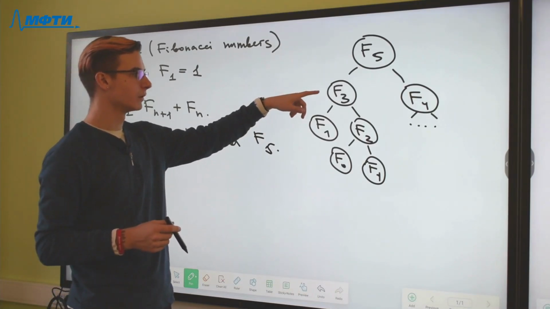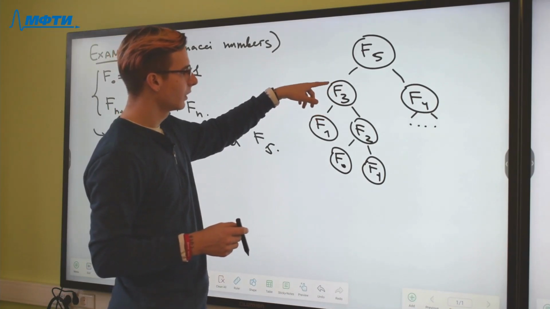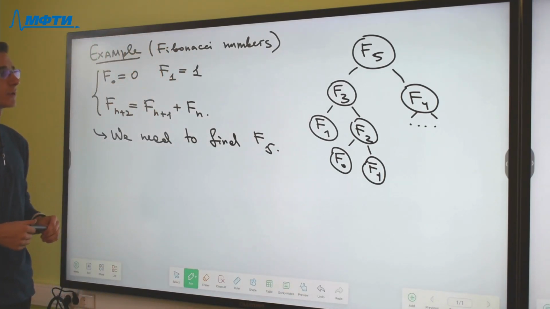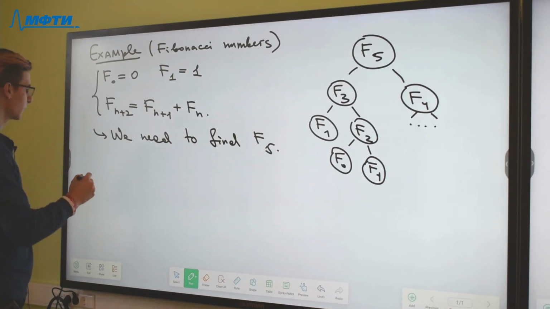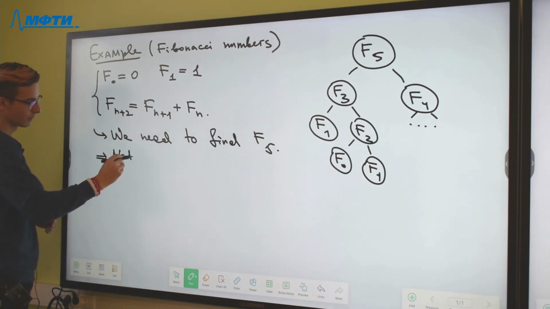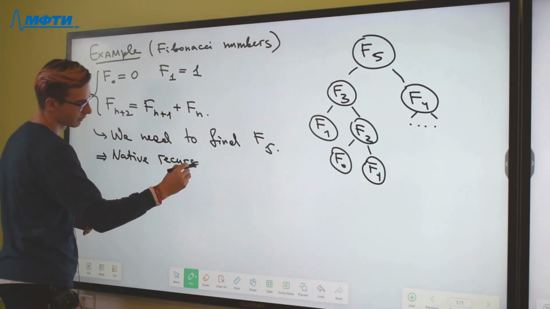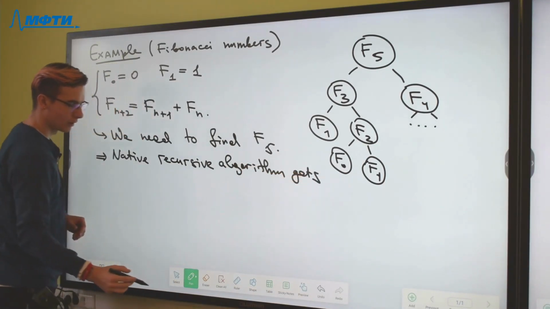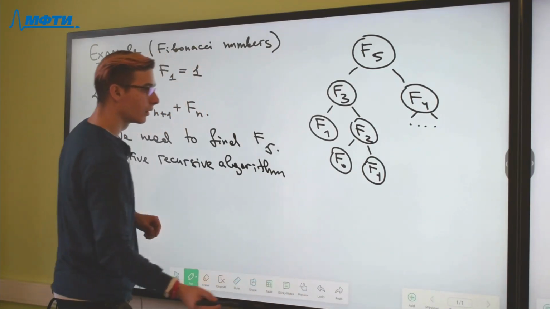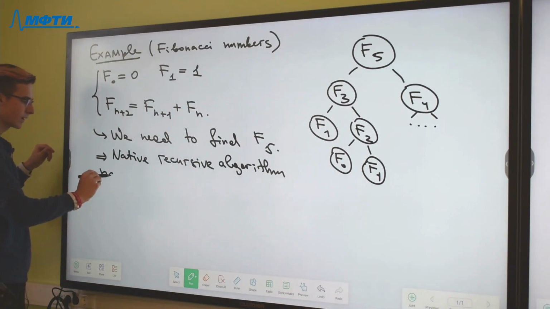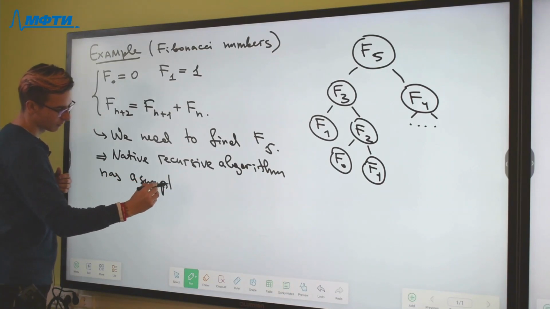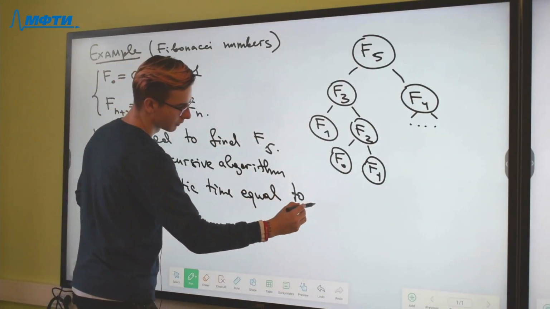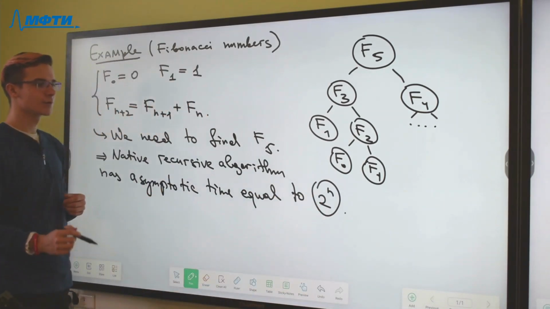For example, we need to find f with index 3, and the number of nodes grows exponentially. So the naive recursive algorithm has asymptotic time equal to 2 power n.